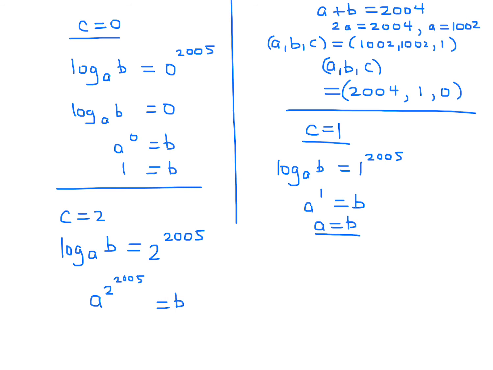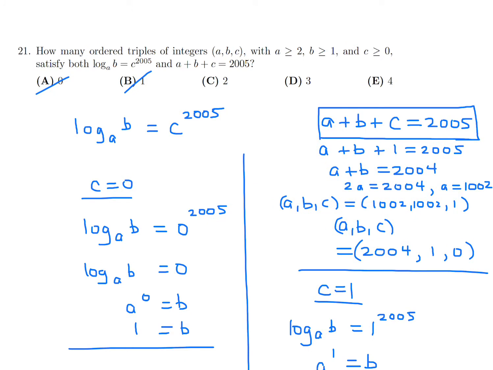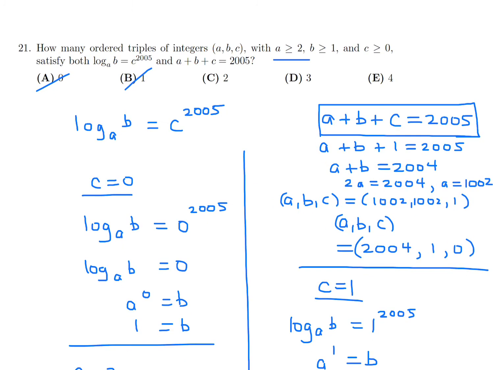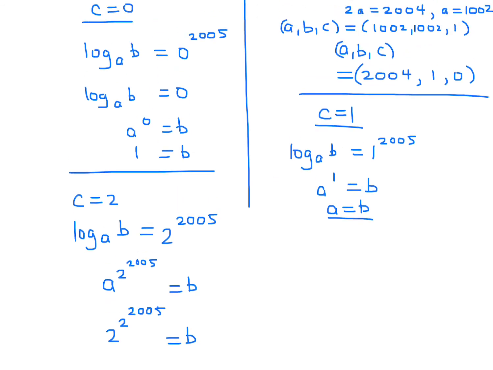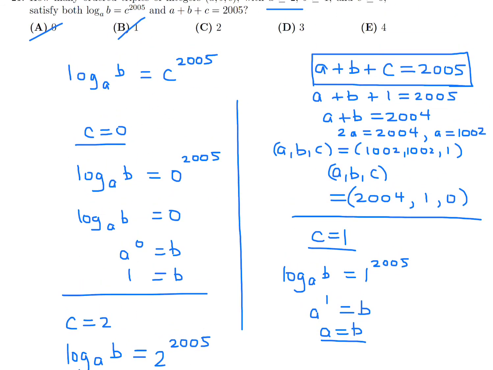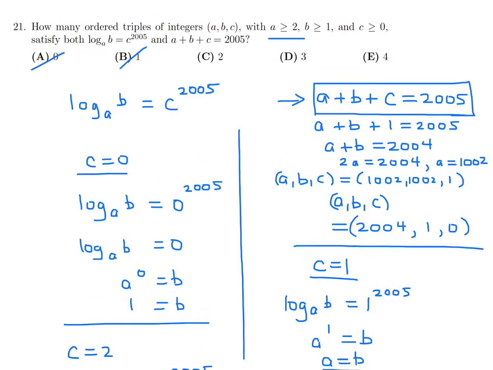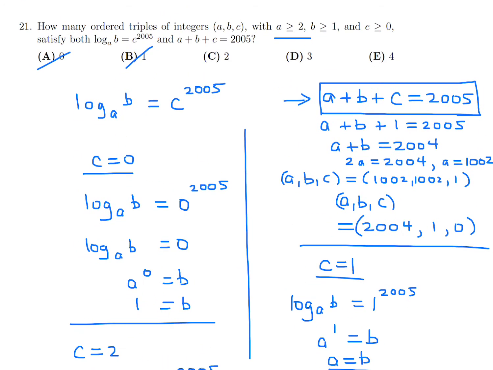And even if you have the smallest possible a, which is 2, 2 to the power of 2 to the power of 2005 is going to be a huge number. B will be a very, very large number, and there's no way that we'll be able to satisfy this with integers. So that's it. There's only 2 ordered triples. We got them right here and here, and therefore number 21, the answer is C.